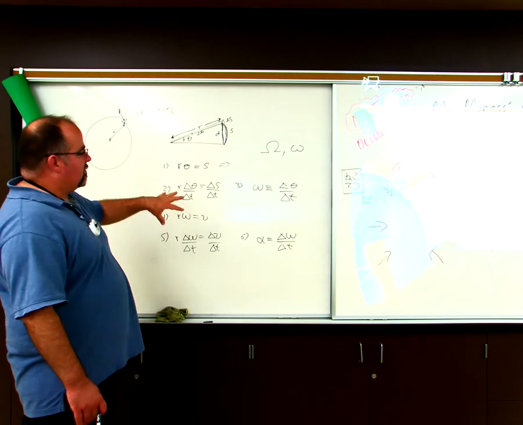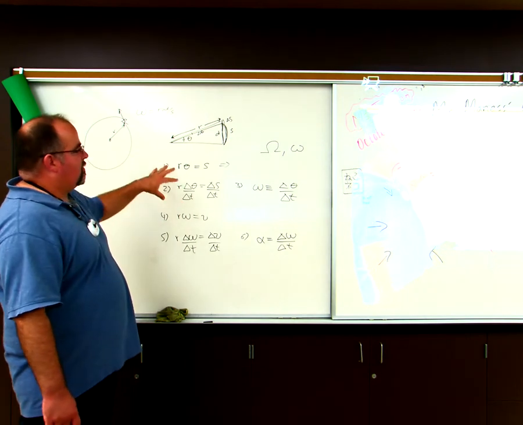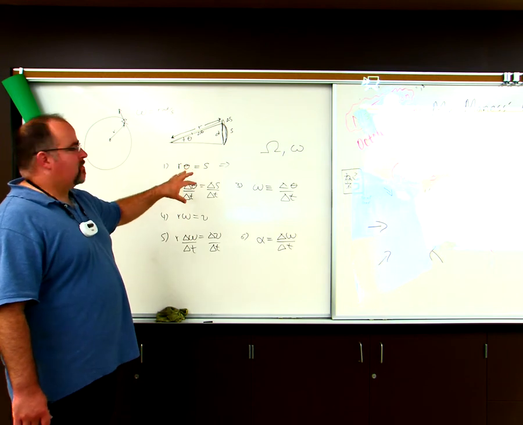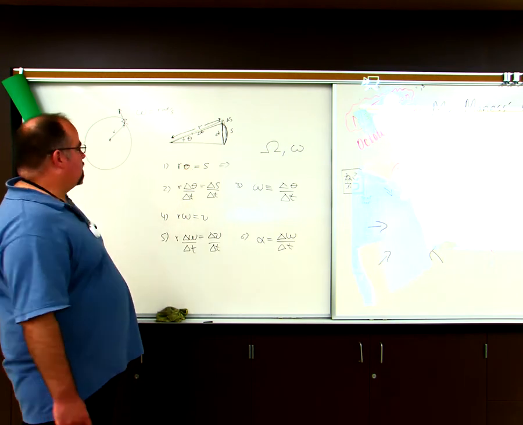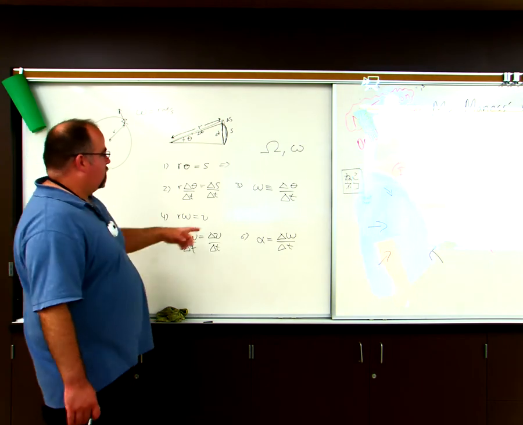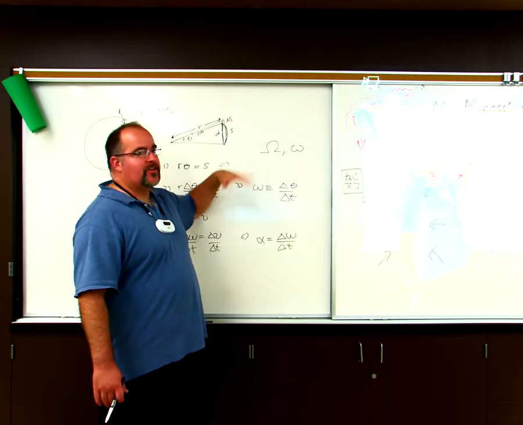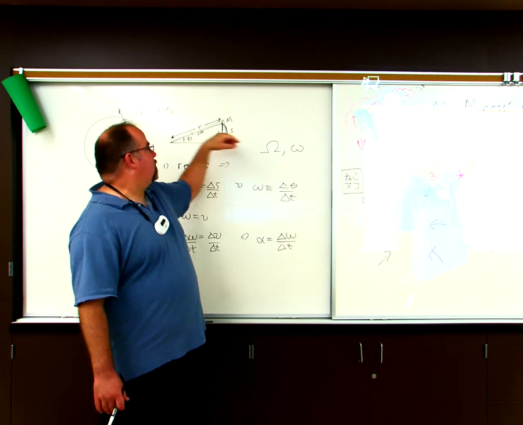That's basically how you get these equations. These are analogous to velocity, acceleration, and distance by time, because you can multiply this by time and get how many degrees or radians the object has moved around the circle.